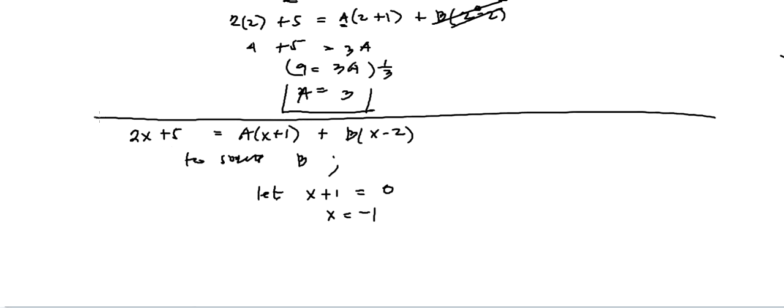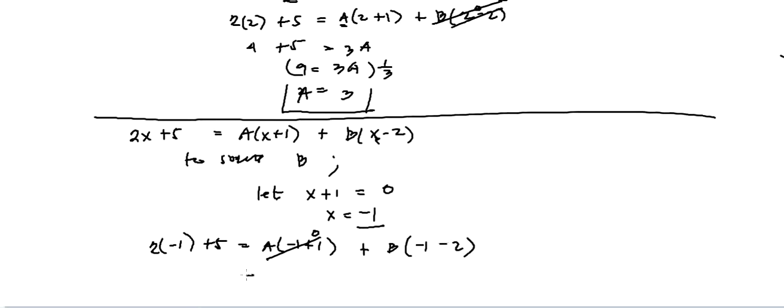Okay, if we do that and then apply it to our equation, we have 2 times x, or -1, plus 5 is equal to a times (-1 plus 1), which makes this whole term 0, plus our b times (-1 minus 2). So we have here -2 plus 5, and -1 minus 2 is -3b, right?